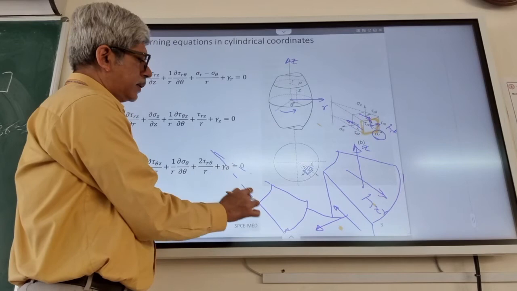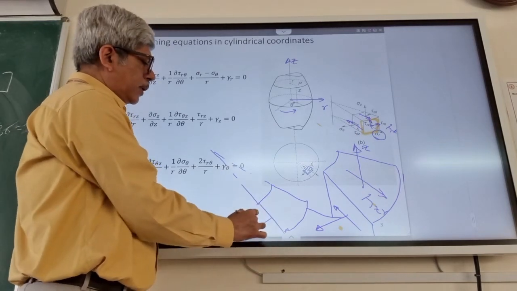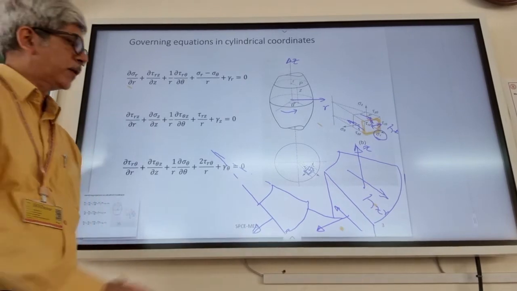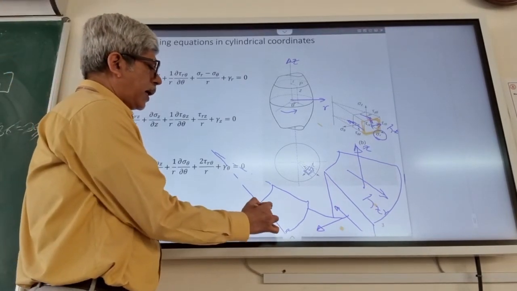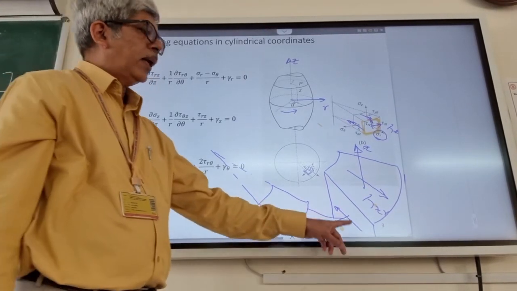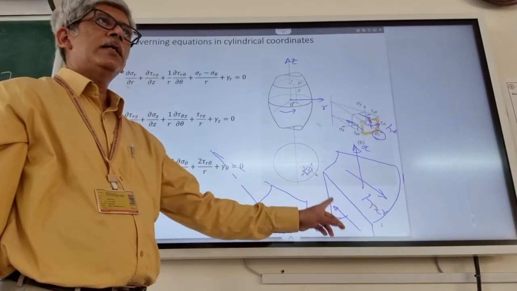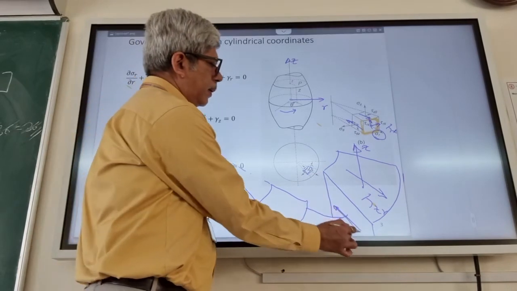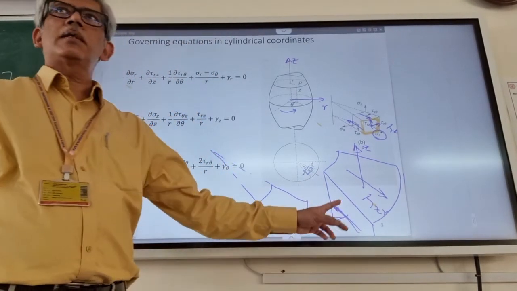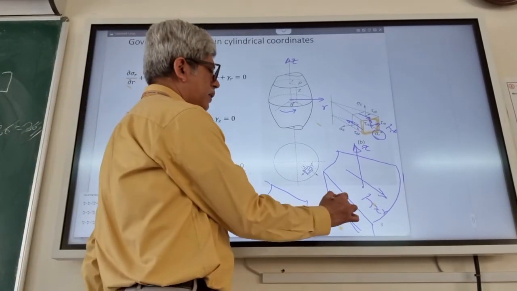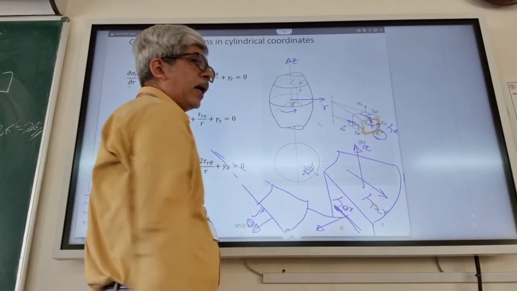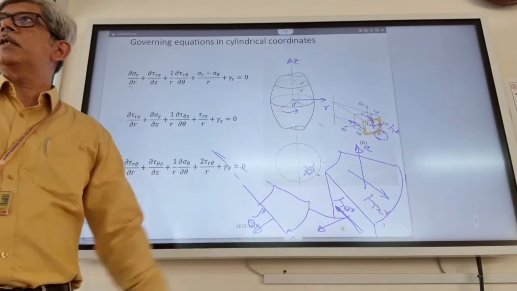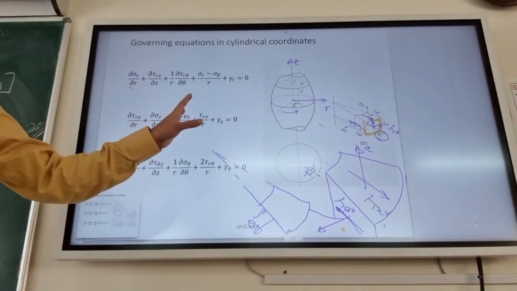The normal to the plane is in the circumferential direction, so this is the theta plane, and the force which is acting is in the r direction. So this becomes tau theta r or r theta. That is the way the stresses will be designated in the polar coordinate system.